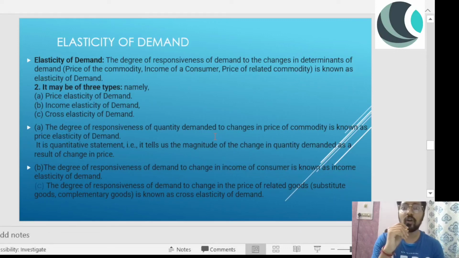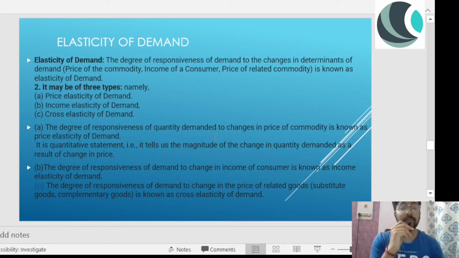So we need to know how much is the change, and that is a quantitative statement. It tells us the magnitude of the change in quantity demanded as a result of change in price, because price is the only factor that is being changed in this equation, and how much the quantity demanded is being reduced or increased because of it. We need to study that.